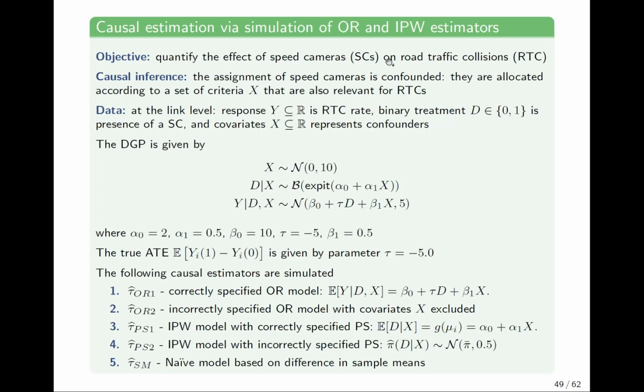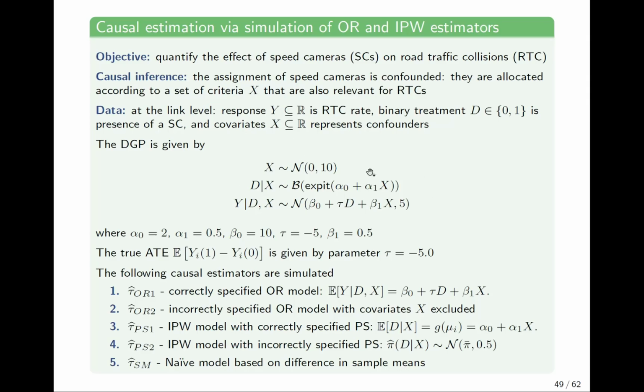The response is continuous. It's a road traffic collision rate. It's not just an integer, it's a rate. We've got a binary treatment, presence of a speed camera or no speed camera. And we have a set of covariates represented by X that represent confounders.